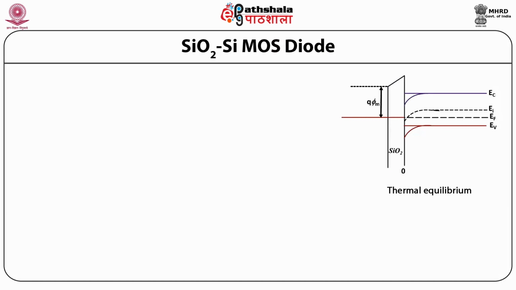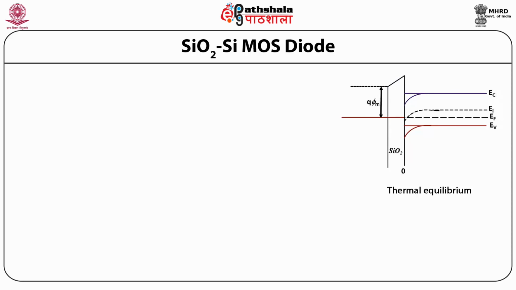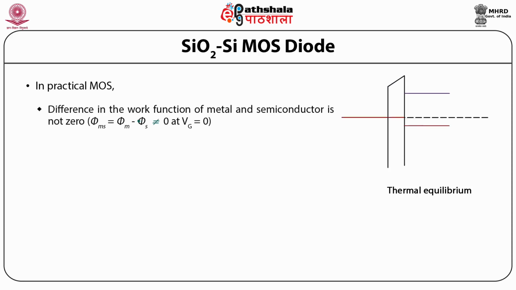So students, let us now discuss the practical MOS, that is the SiO2-Si MOS diode. In a practical MOS device, the difference in the work function of metal and semiconductor is not zero. That is, phi ms equals phi m minus phi s, which is not equal to 0 at Vg equal to 0.